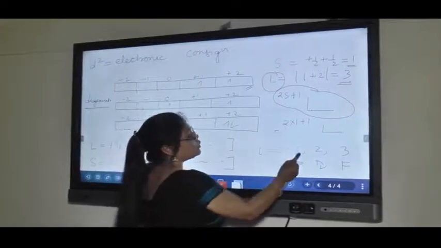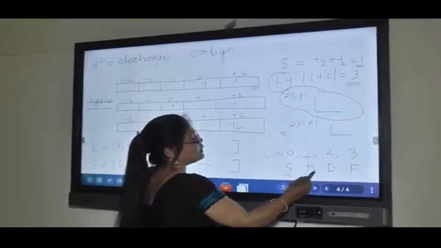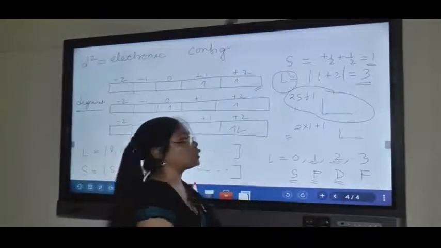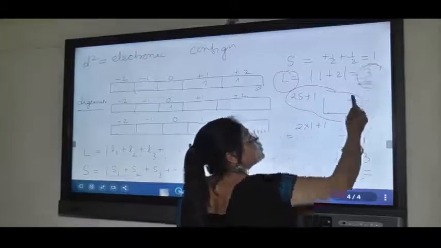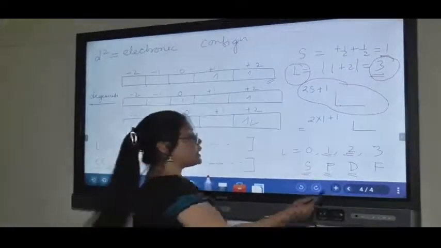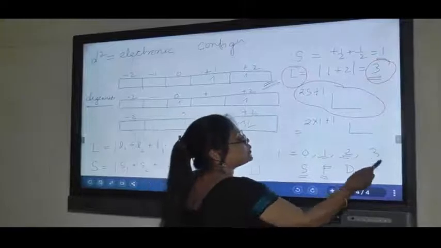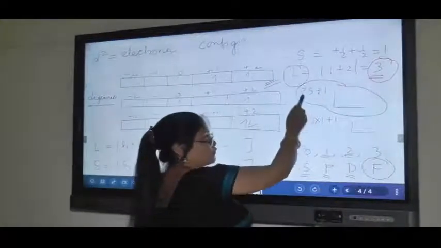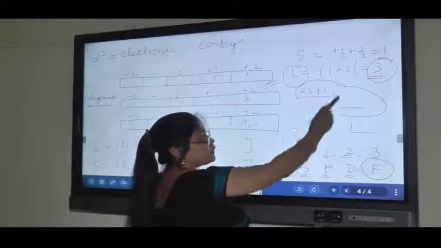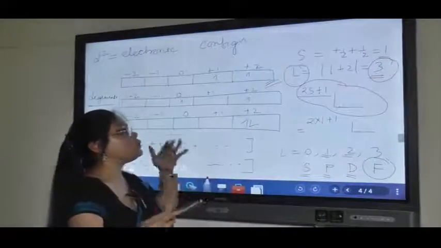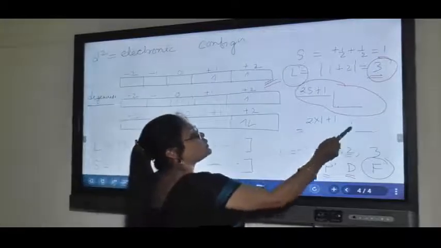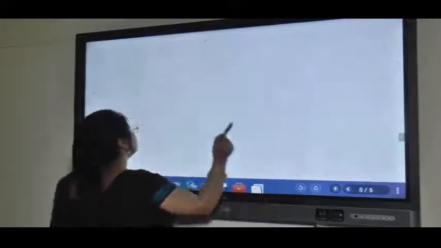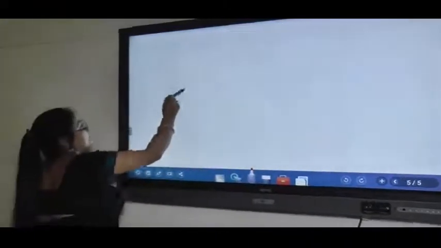When the L value is 1, we have the P term. When the L value is 2, we have the D term, and so on. Here the L value is 3. That suggests that for this microstate we must have an F term. The total spin multiplicity will be 3, so the term symbol for this state will be 3F.